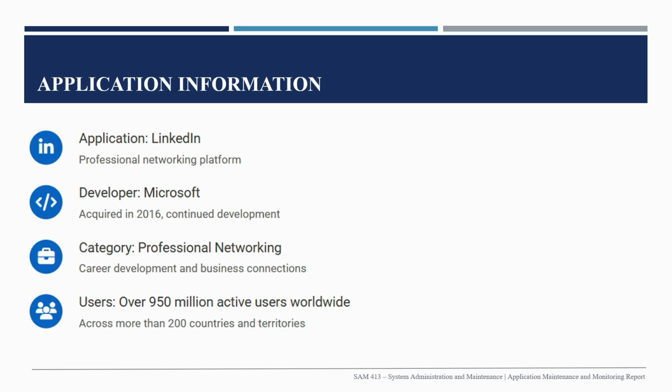The platform runs on microservices architecture, utilizing technologies like Java, Kafka for real-time data streaming, and Voldemort for distributed data storage. Understanding this technical foundation is crucial for appreciating the maintenance and monitoring strategies we'll discuss today.